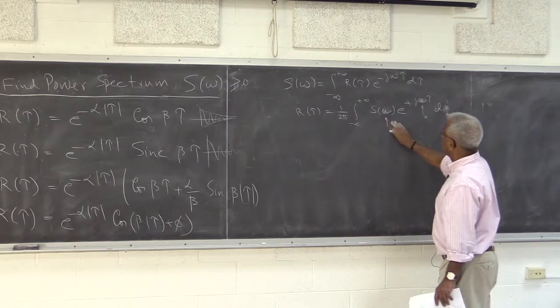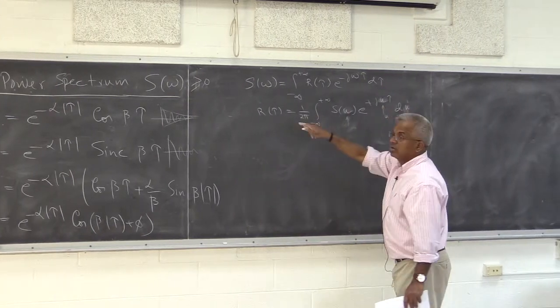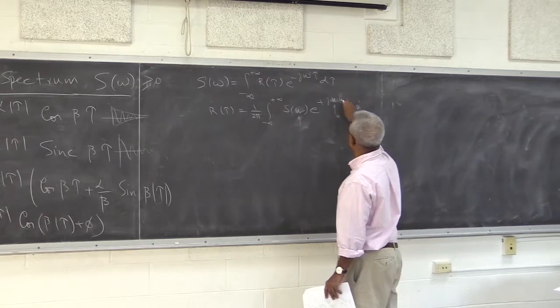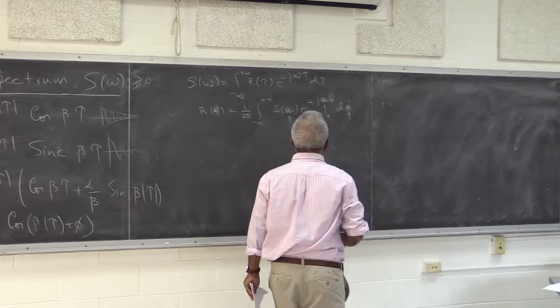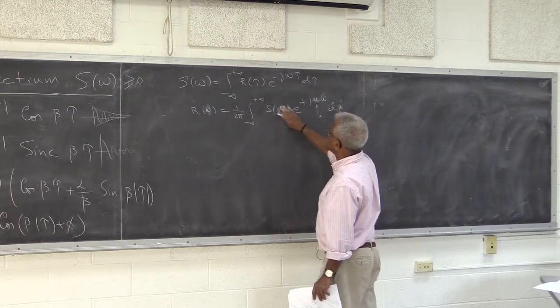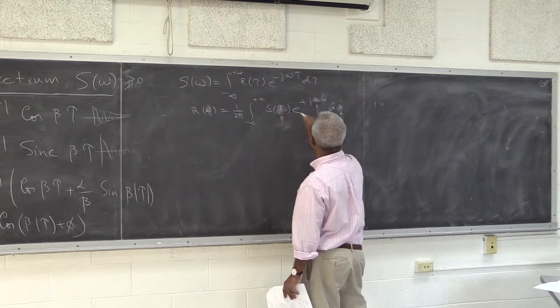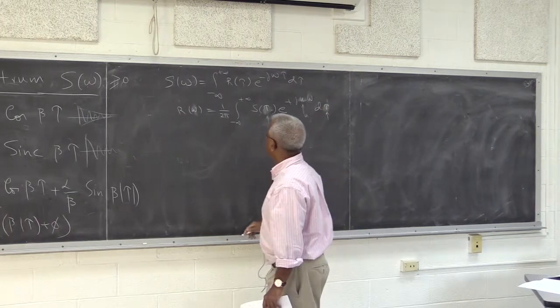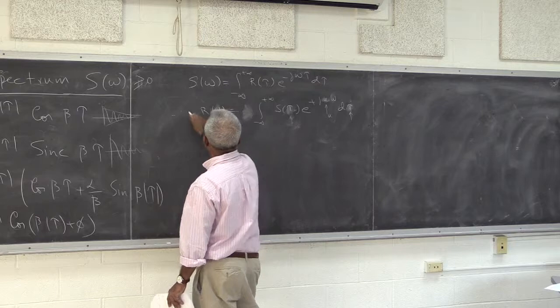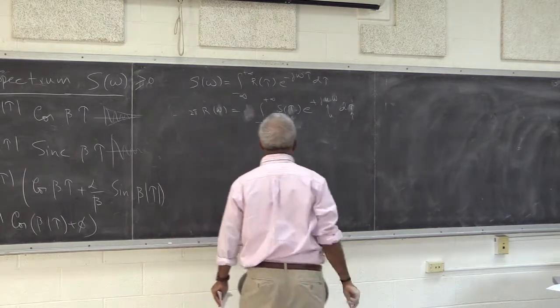And bring in the duality property. t is a variable on both sides, so I'm going to replace it by omega. That's still valid. Now u is a dummy variable, so I'm going to replace it by tau. And I'm going to bring in this 2 pi here. So this is a classic result.